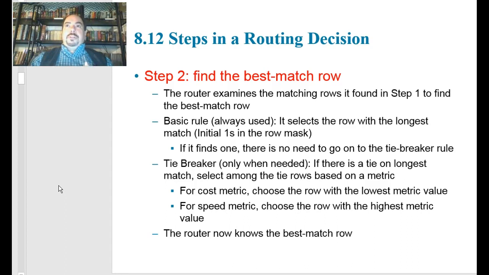RIP, Routing Information Protocol, is the common one that's part of the TCP/IP stack and is open source. This is stuff that we'll get into in a future chapter. I'm just saying the way it finds the best match row is it depends. It's through some kind of metric, and looking at a cost metric or a speed metric of that path is a common way of doing it.